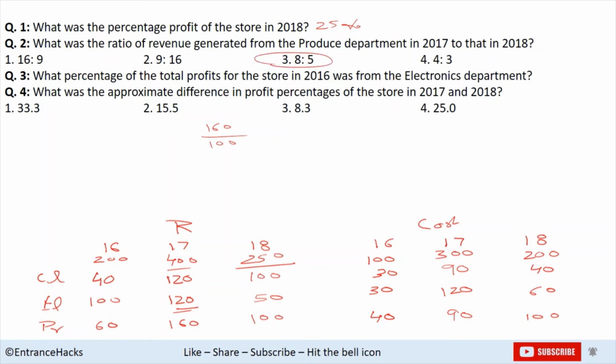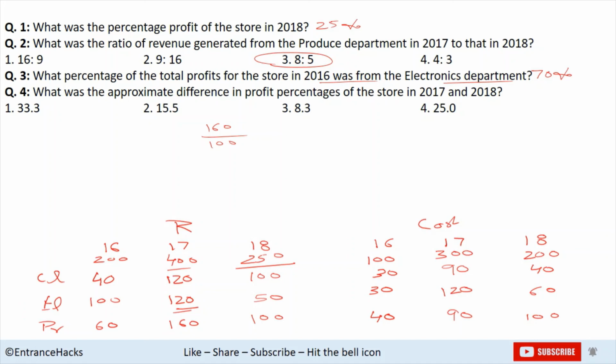Third: what percentage of total profit for the store in 2016 was from the electronics department? For 2016 we see profit from electronics is 100 minus 30, that is 70. So it will be 70% of the total, since total profit is 100. Out of which we are getting 70% from electronics, 40 minus 30, that is 10% from clothing, and 60 minus 40, 20% from produce. So 100 minus 30, that is 70% profit is coming from the electronics department.